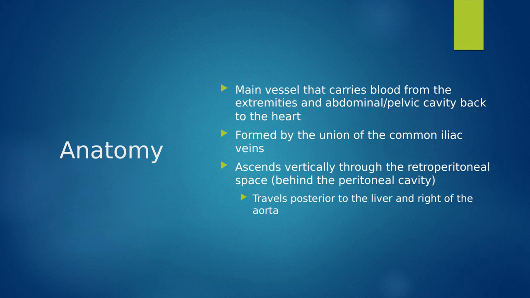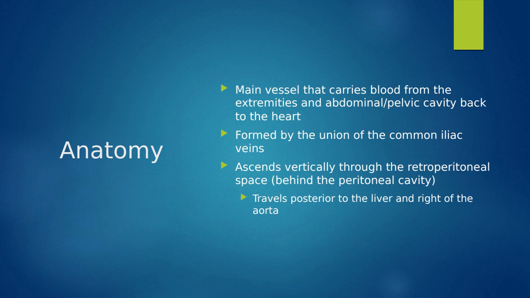With the venous system, the end point is the heart, and the origin point is your fingers and your toes. So that's something we kind of have to think of backwards. The veins start distally in our body, and then they end proximally at our heart.